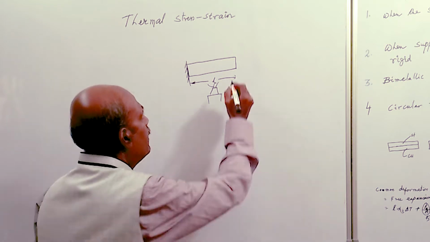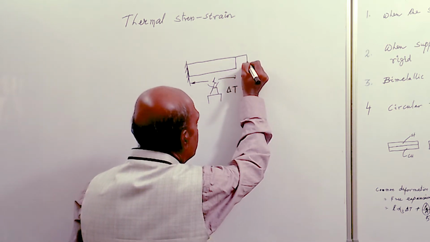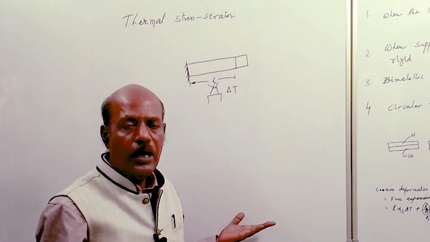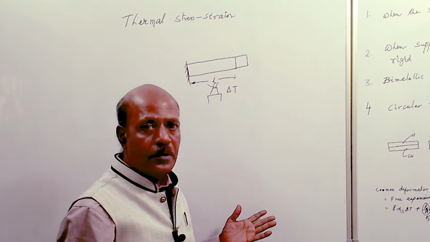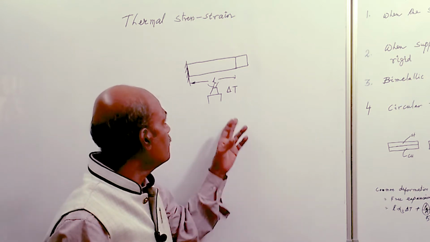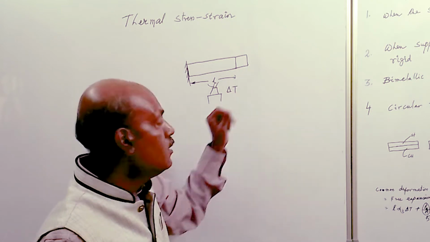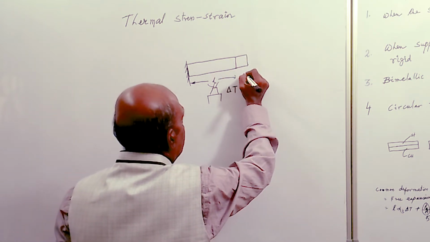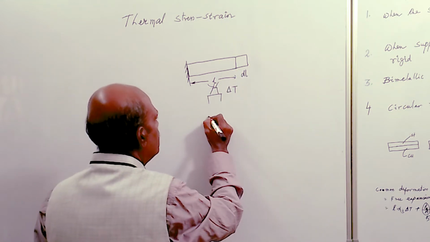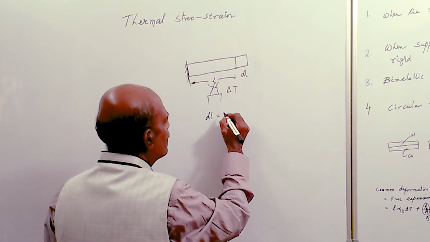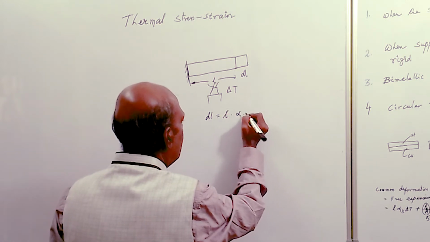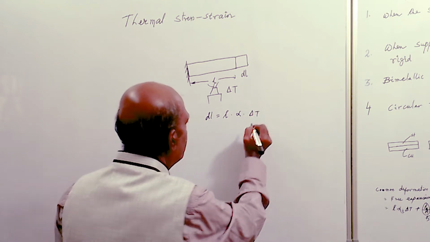So what will happen? The body will extend in size. That means some deformation will take place in the body because of the temperature difference. Because of this temperature increase, the elongation of the body, say dl, is given by dl equals L, the original length of the body, into alpha into delta T. What is alpha?